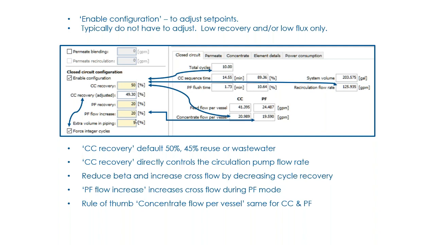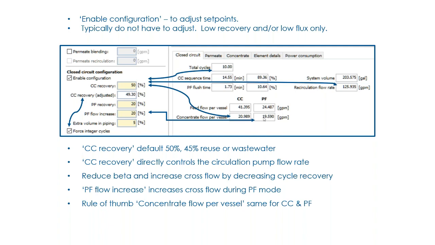And this 20%, the reason why we came up with this PF flow increase of 20% is we like the cross flow or the concentrate flow per pressure vessel during the closed circuit and the PF mode to be roughly equal. So you'll see with these default settings, these numbers are essentially the same. I like to see these roughly the same, but for different reasons. We like the high cross flow to keep our concentration polarization, our betas, low.